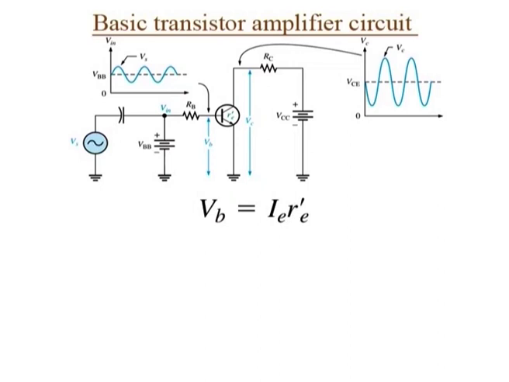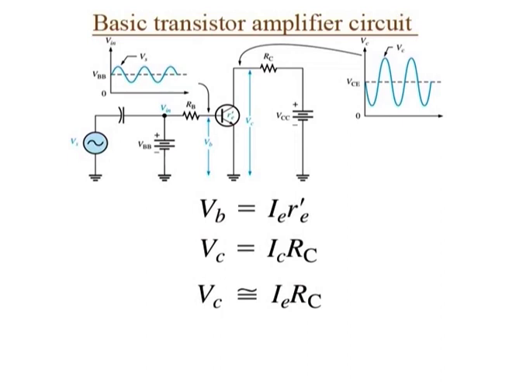The AC collector voltage Vc equals the AC voltage drop across Rc. Vc is equal to Ic Rc. Since Ic is approximately equal to Ie, the AC collector voltage Vc is approximately equal to Ie Rc.